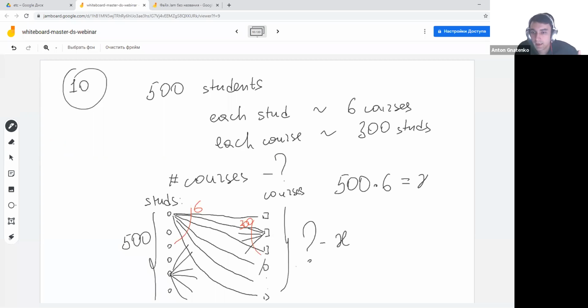There are some X courses, and each produces 300 lines. And this is the equation for X, which we can now solve. 3000 here equals 300 times X, which gives us X equals 10. That's the answer. 10.